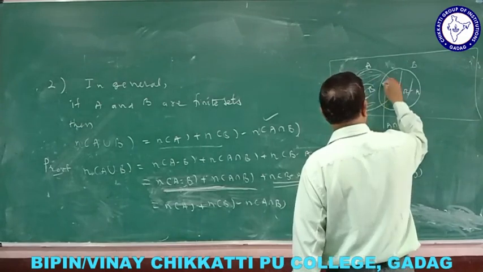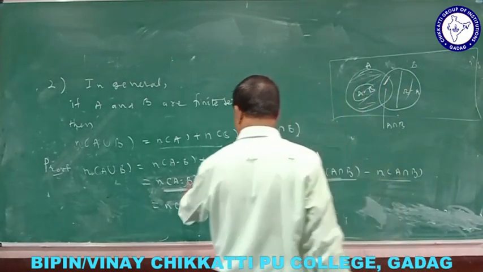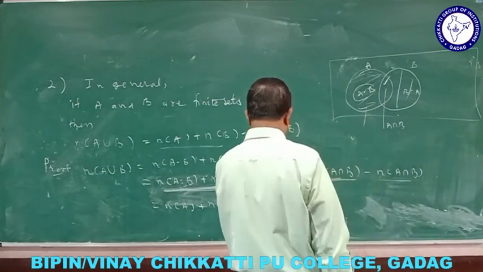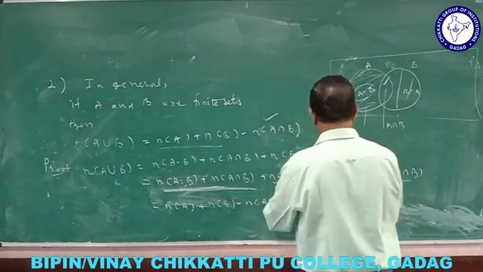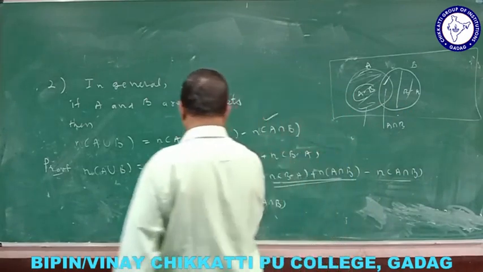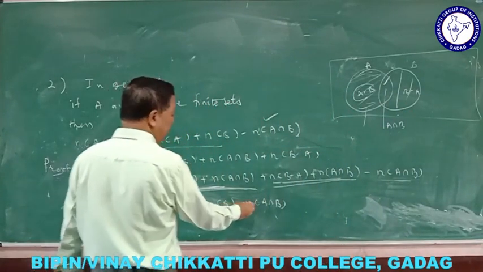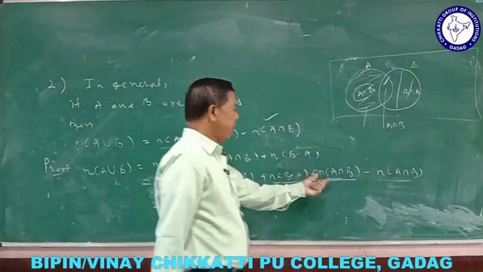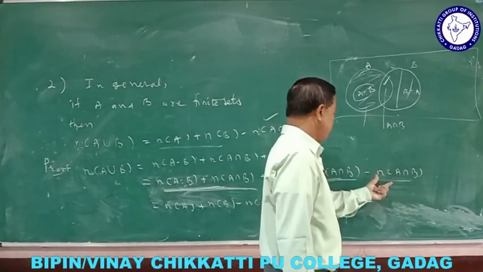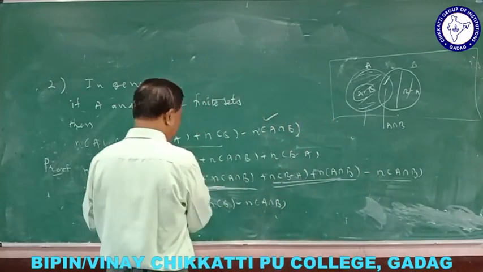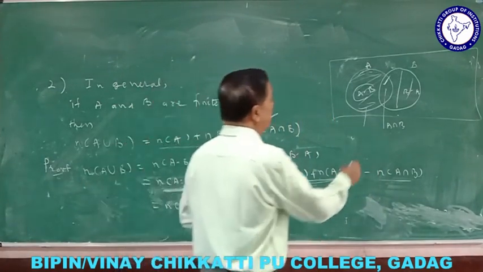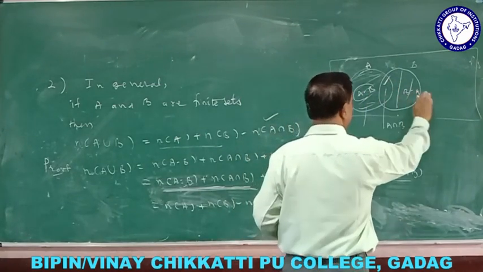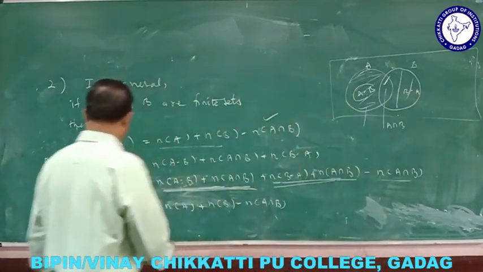A minus B plus A intersection B. Yes, so that is nothing but A, and here B minus A plus A intersection B is nothing but B. So n(A), n(B) minus n(A intersection B). Once again, n(A intersection B) is added and subtracted, and in this way it is n(A), and n(B), and accordingly this formula is correct.